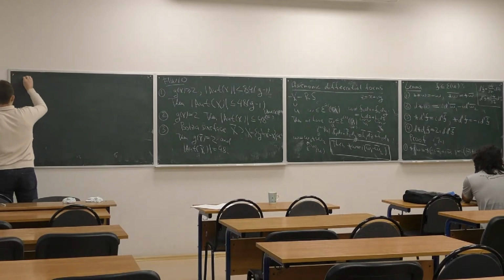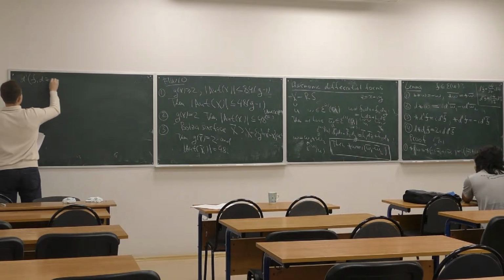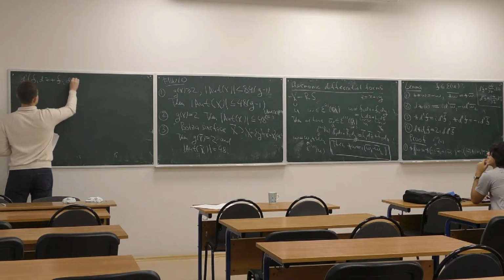So you have, for example, d prime of f1 dz plus f2 dz bar.